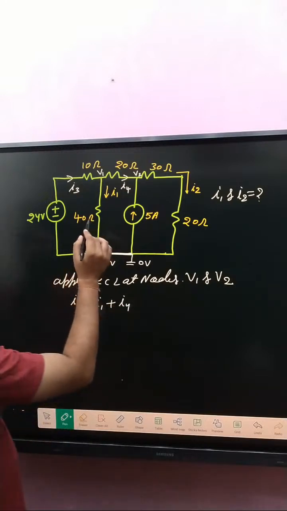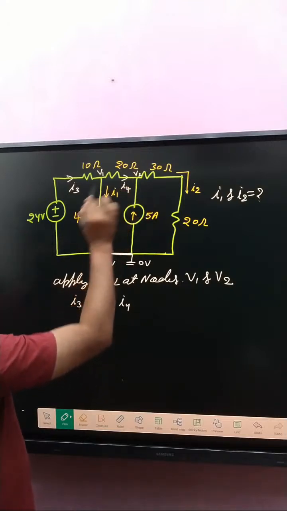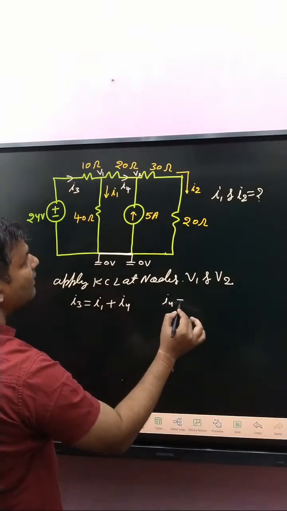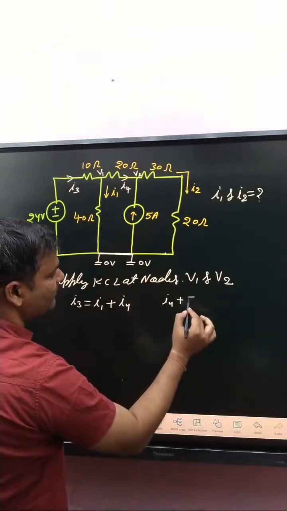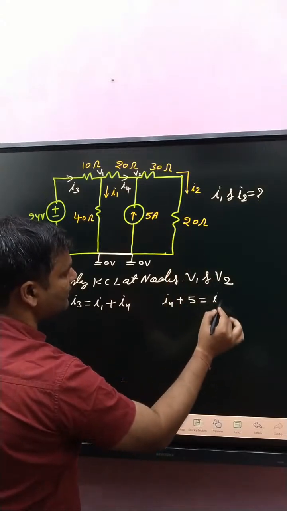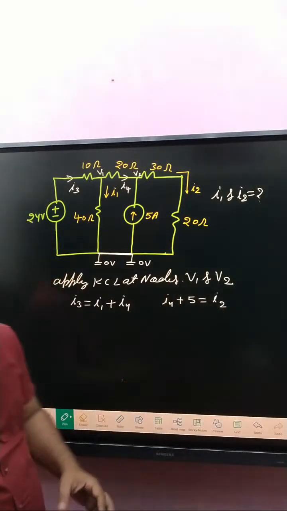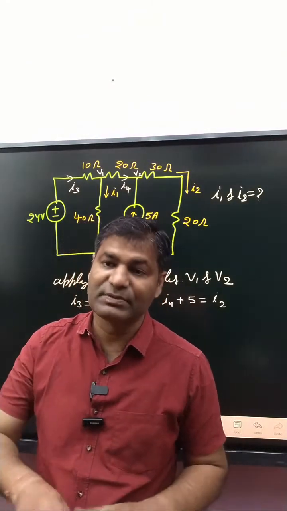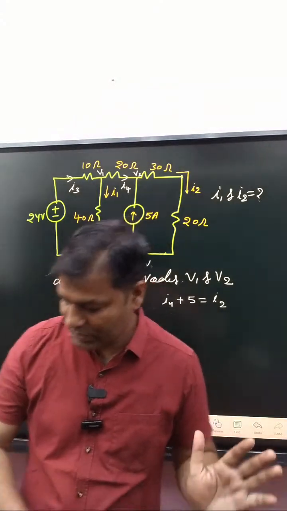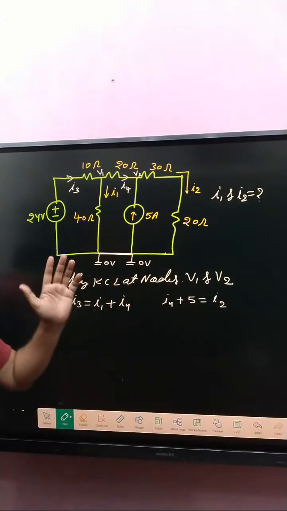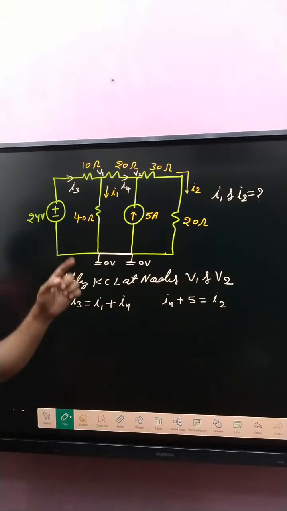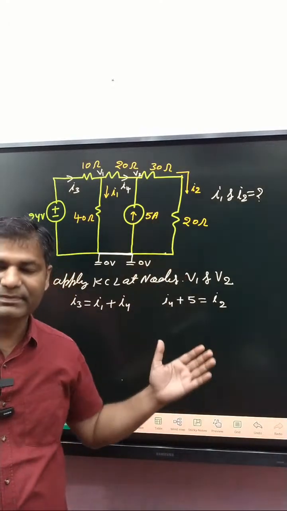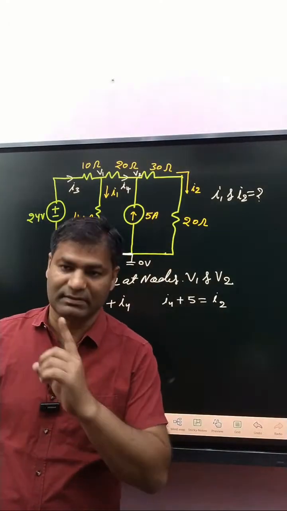Clear or not? Now apply KCL at that node: incoming currents I4 and I5 ampere equal I2. What does KCL say? The algebraic sum of currents at any node is 0, or you can say the sum of incoming current equals the sum of outgoing current. That's why we apply it here. If anyone has any doubt in any step, tell me and I will discuss it again.